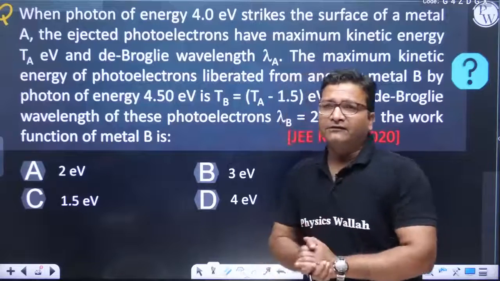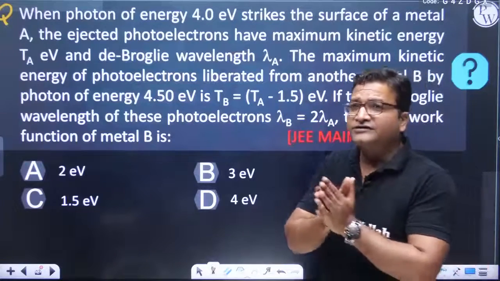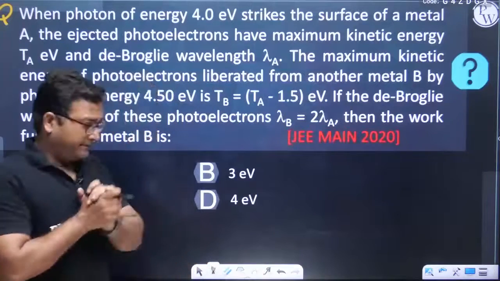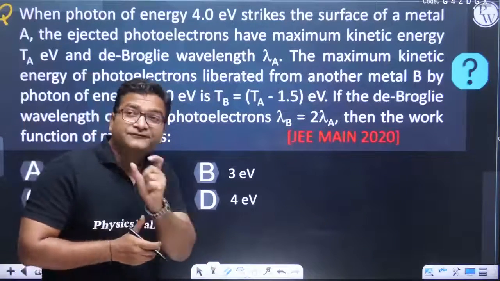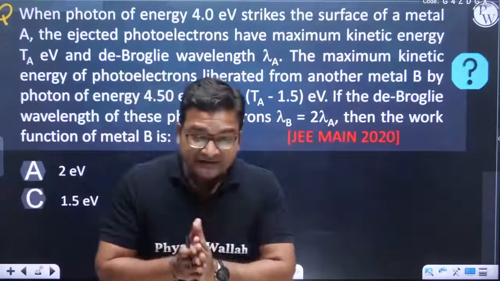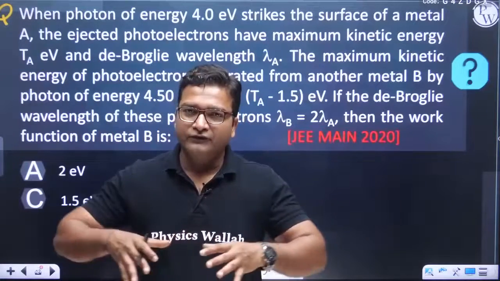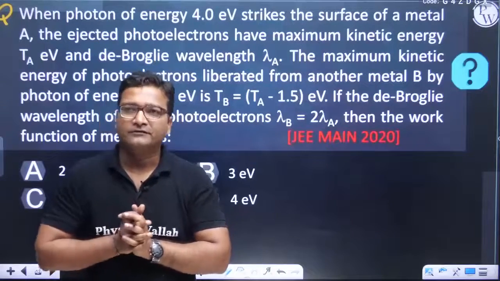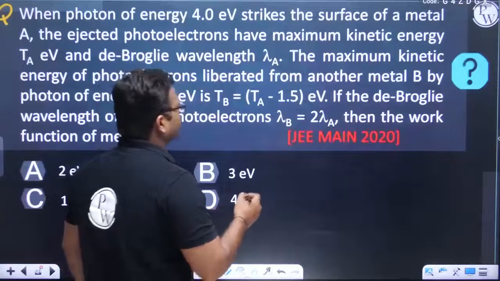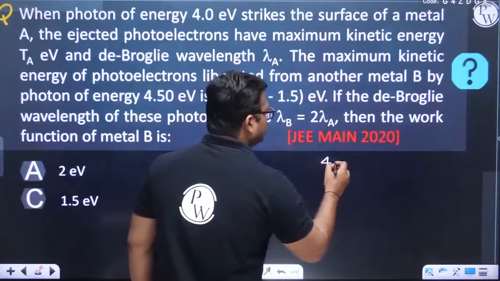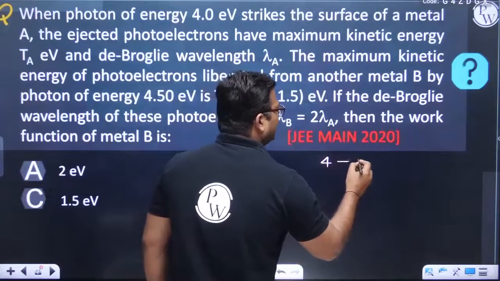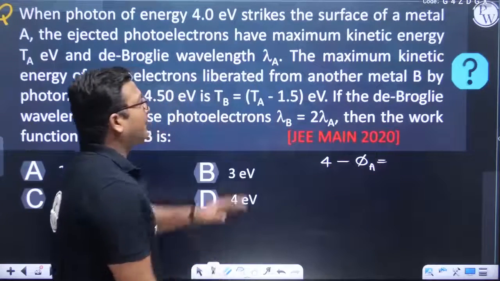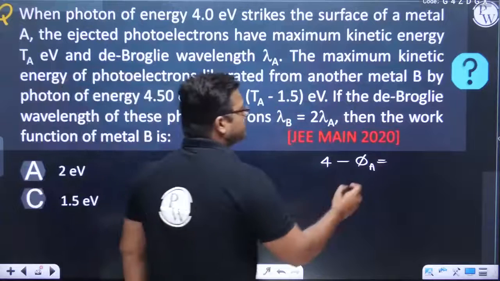Here we again have photons of energy 4 electron volt striking the surface of a metal A, and the ejected photoelectrons have the maximum kinetic energy TA. So let's put it in Einstein's equation of the photoelectric effect. Photons of energy 4 electron volt minus the work function of metal A equals the maximum kinetic energy TA.